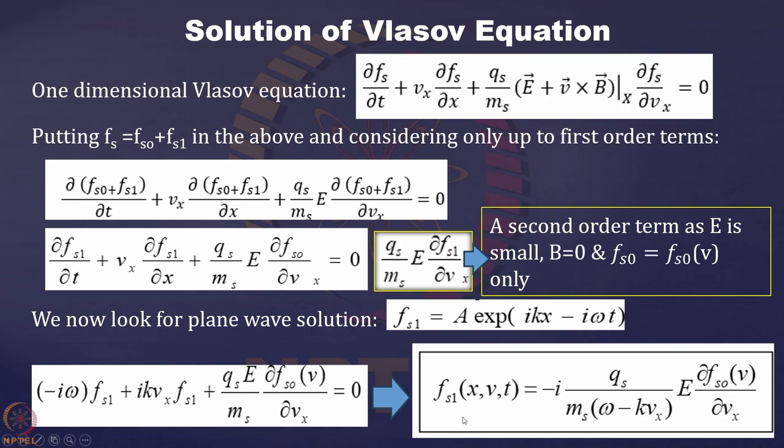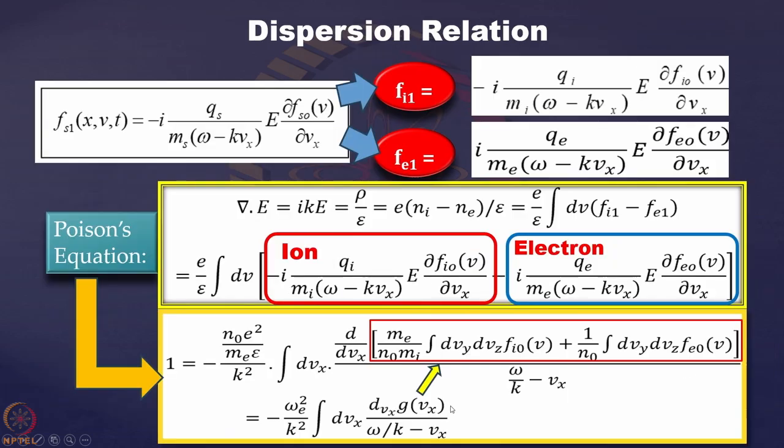So this is the expression for the perturbation for the electrostatic waves. Now what you see is that this s stands for species. So when you are considering a two fluid model, then this s once will be for electrons, next time it will be for ions. That is exactly what we did. So it is a general expression, equally valid for the electrons as well as for the ions.